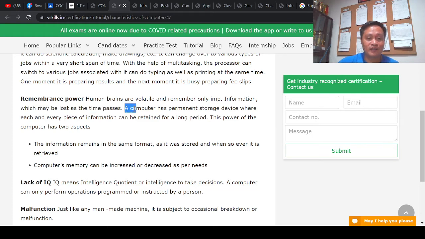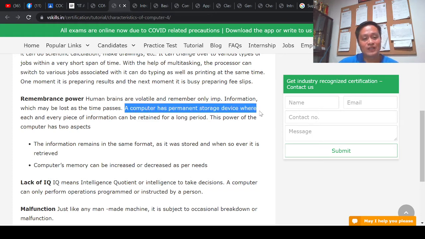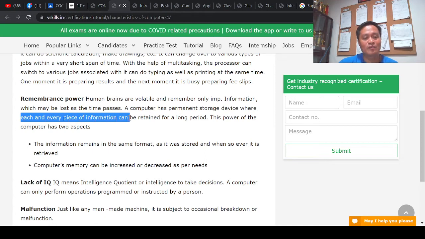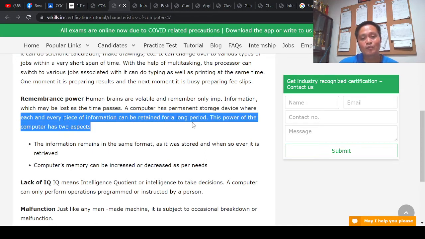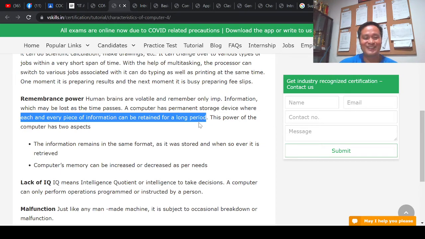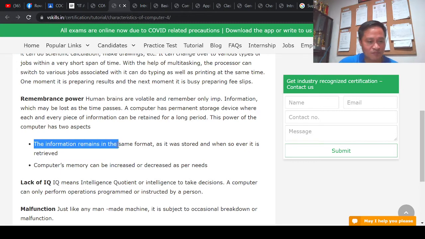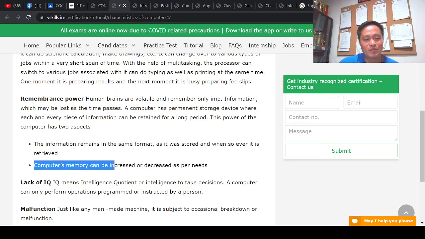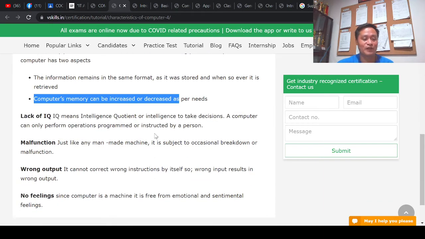But a computer has a permanent storage device where each and every piece of information can be retained for a long period of time. Okay, that's remembrance power. The information remains the same. A computer's memory can be increased or decreased as per needs, so it is adjustable.